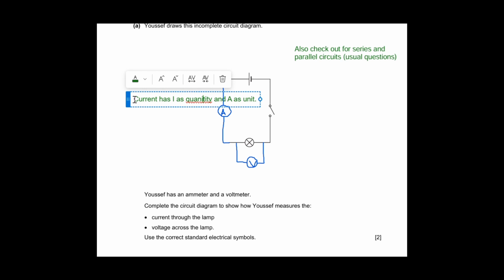Don't use I for the unit. It is actually A. A means ampere, and it is measured with an ammeter. So please remember all this about current, because students do confuse this part. That's why I have to emphasize it very well.